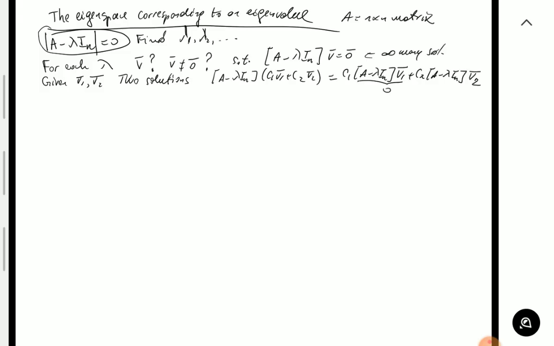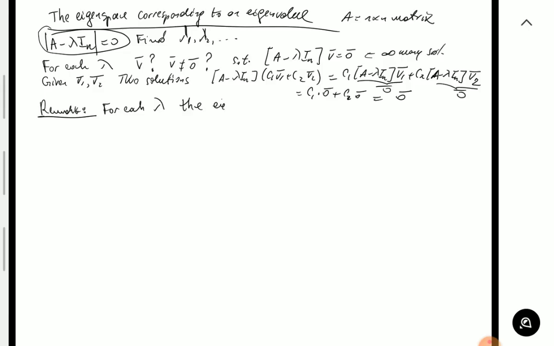And because I chose v1 and v2 to be solutions of that linear system, each of these parentheses is equal to 0. So all I end up with here is C1 times 0 plus C2 times 0, which is equal to the 0 vector.